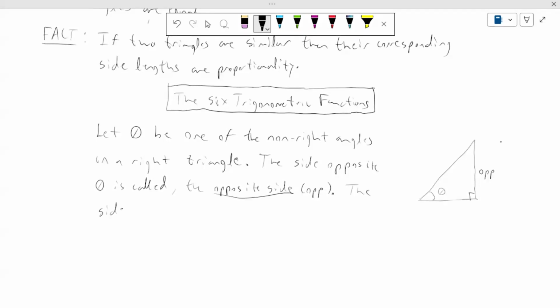The side touching theta, right? And maybe I should say, yeah, I'll say that: the side touching theta that is not the hypotenuse, because, of course, the hypotenuse touches it. It's called the adjacent side.